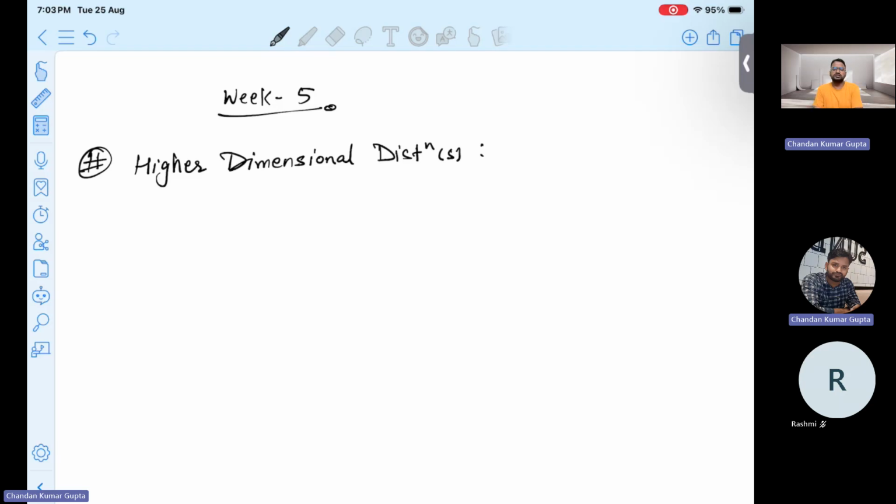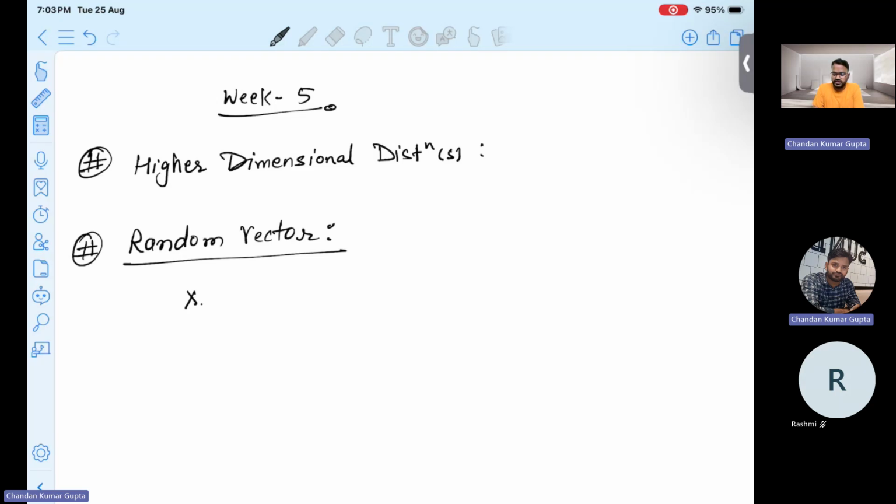Before starting, let's discuss what a random vector is. When we discuss more than one random variable together, that collection of random variables is called a random vector.